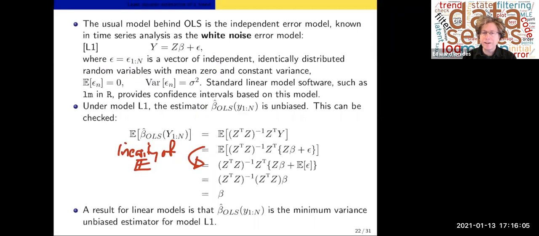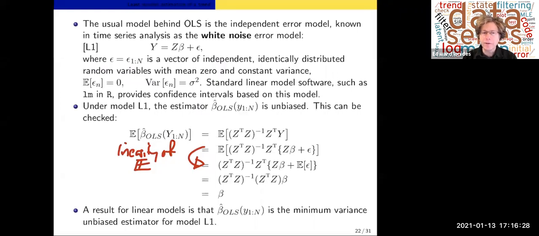And then the expected value of epsilon is 0 because that's how our model was constructed. So we get z transpose z inverse z transpose z beta, and then z transpose z inverse times z transpose z is the identity. The identity times beta is beta, so that gives us unbiased.